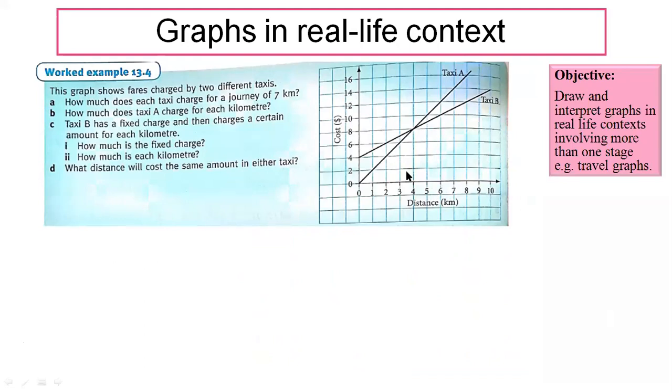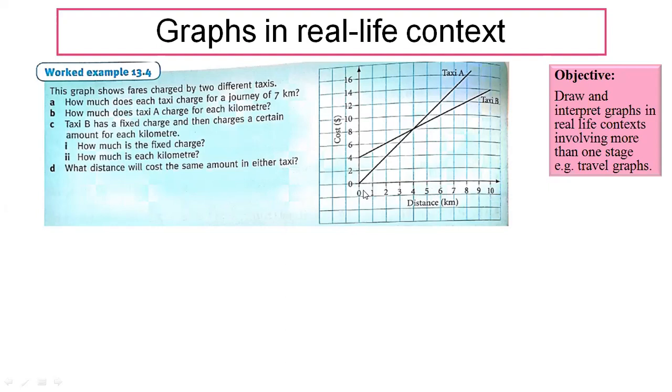So here we are talking about two taxis, taxi A and taxi B. Now part B says, how much does each taxi charge for a journey of 7 kilometers? So see, we have distance on the x-axis and cost in dollars on the y-axis.